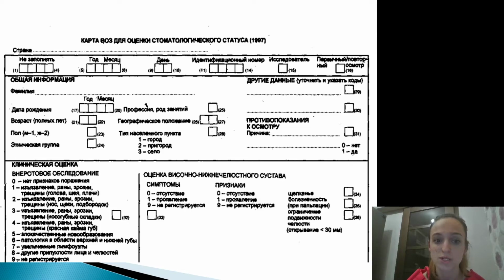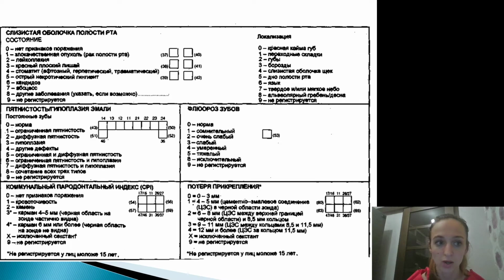Here, of course, we should know the phone number of the patient and where our patient lives. And here you can see different tables.